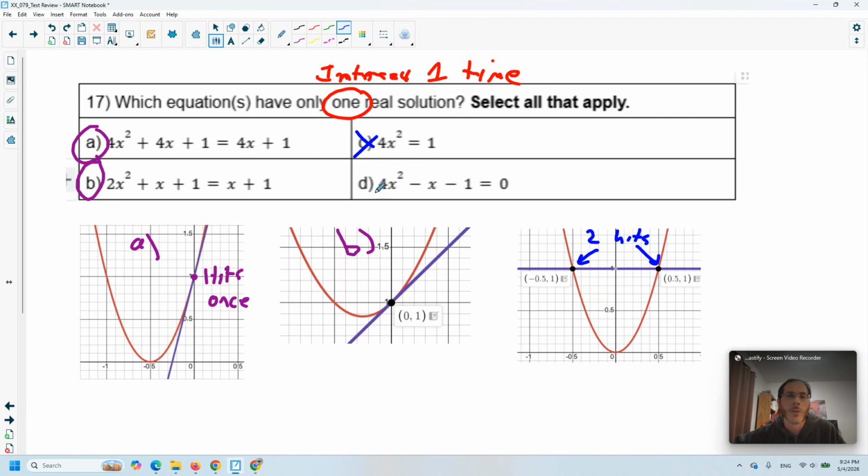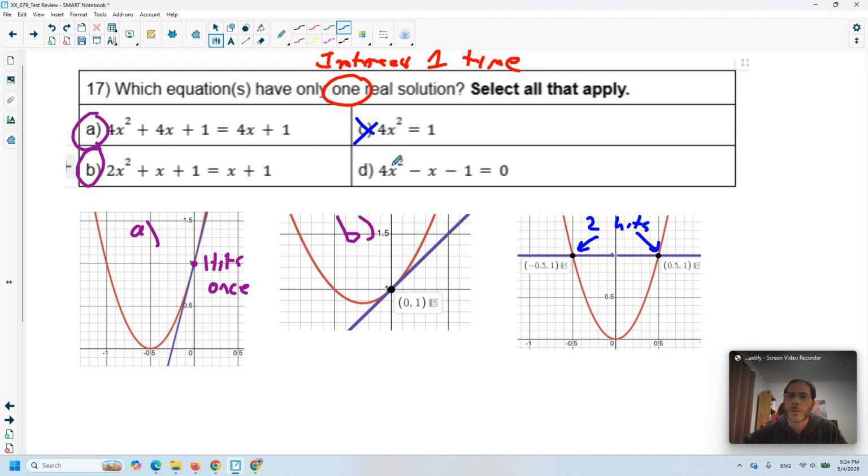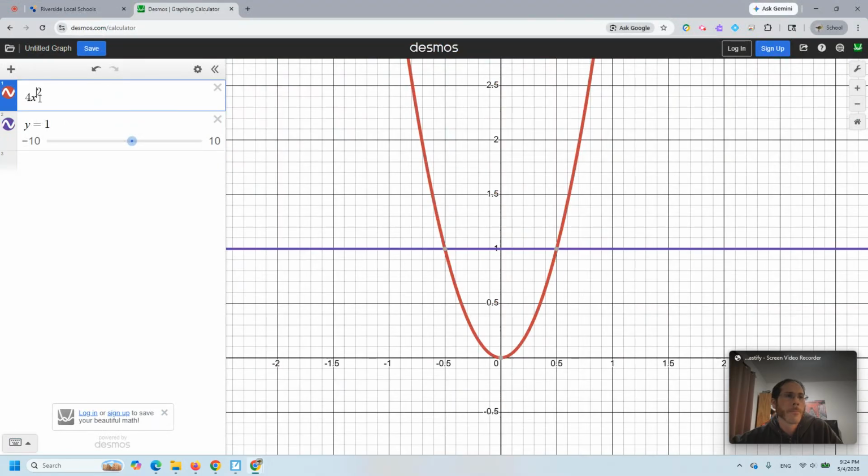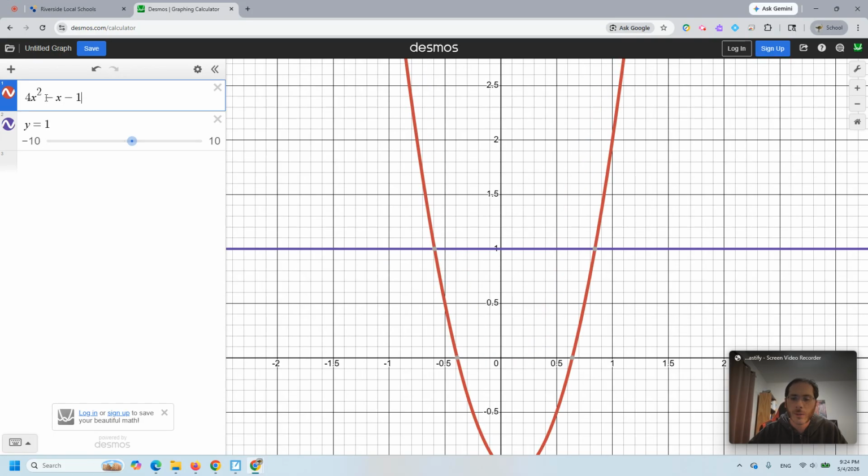All right, then we got one more choice to check out. We got to label that as D. So 4, negative 1, negative 1. And then we had y equals 0.